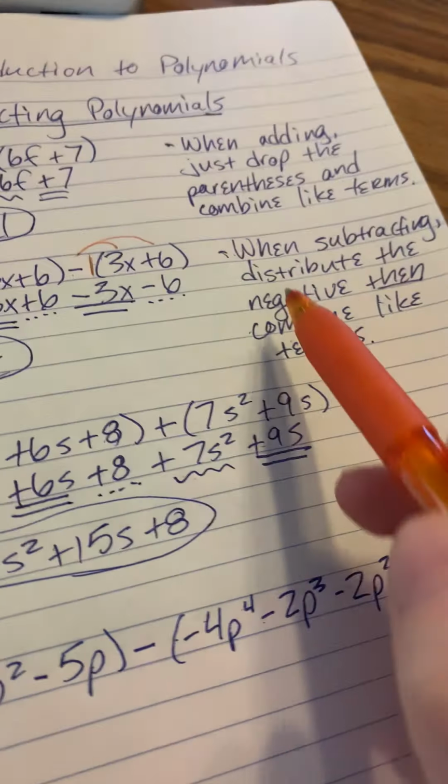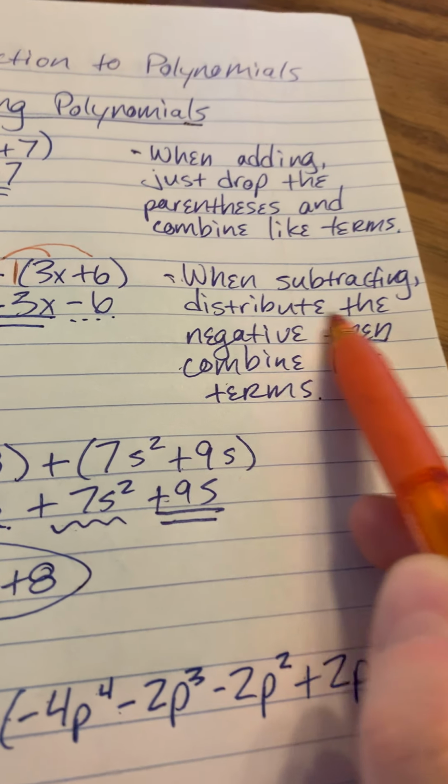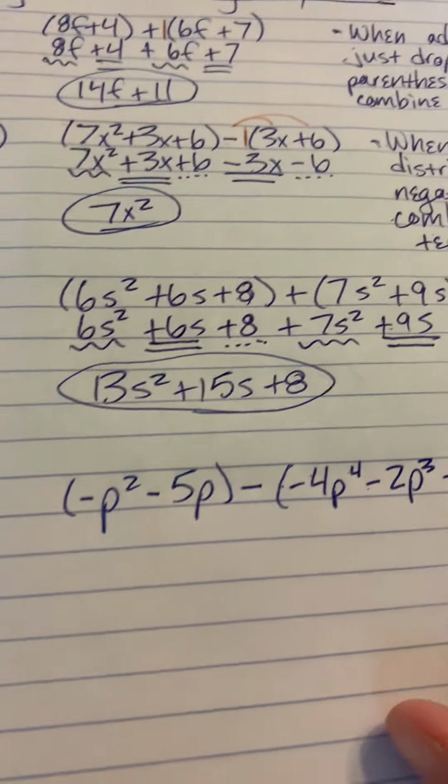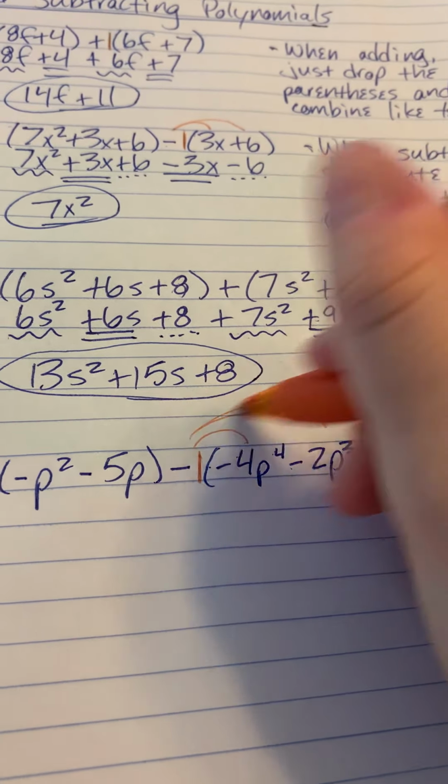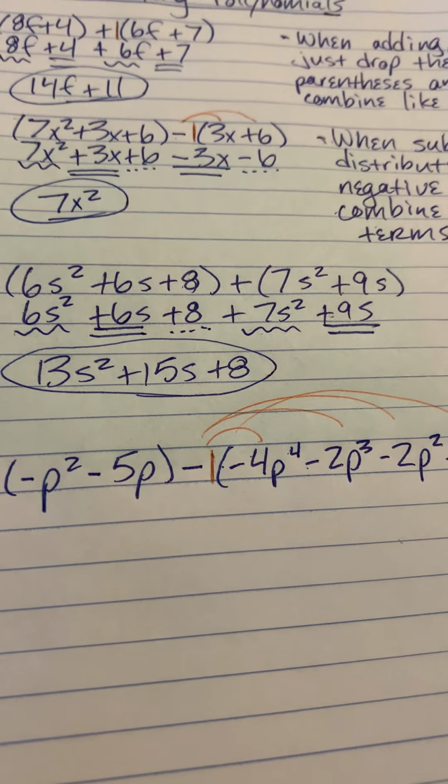This one has subtracting in the middle. When you're subtracting, you distribute the negative, then combine like terms. So this is like a -1 right here. That needs distributed to everything in the parentheses.